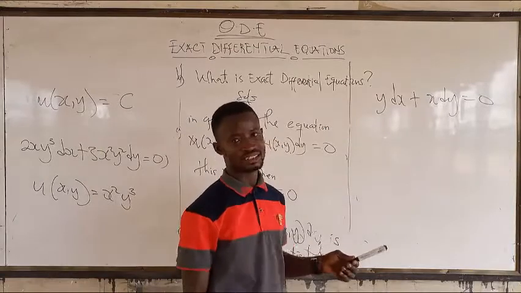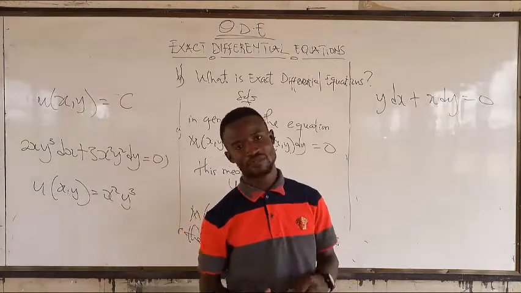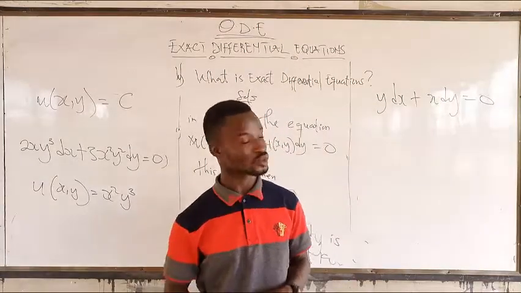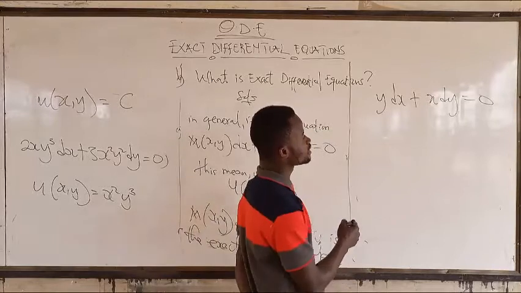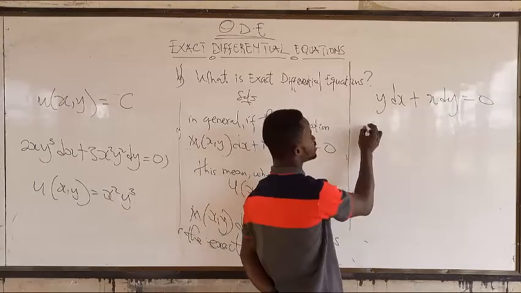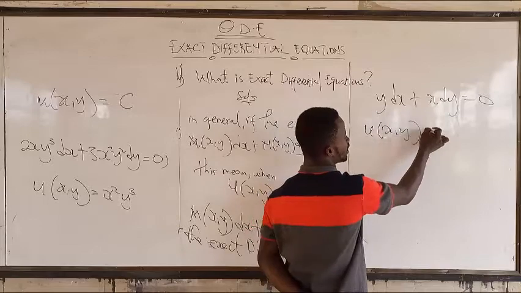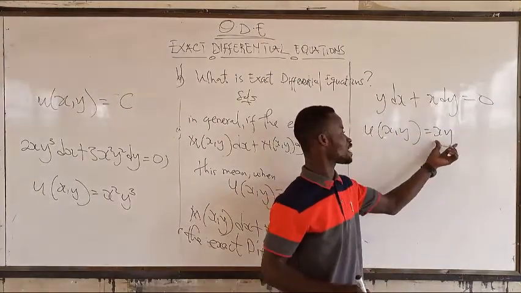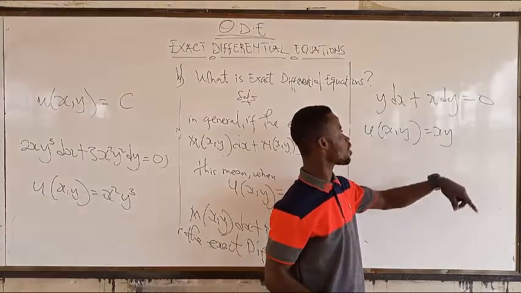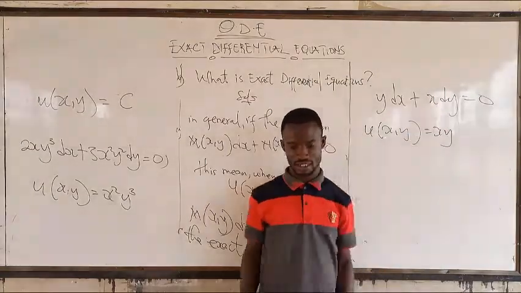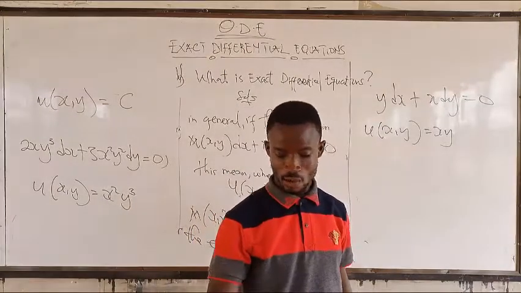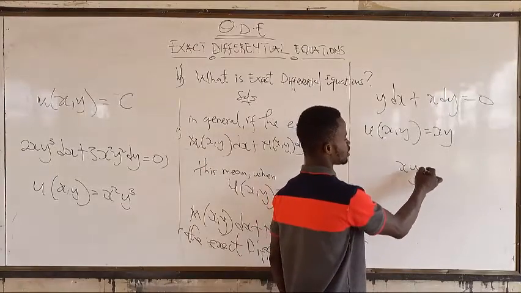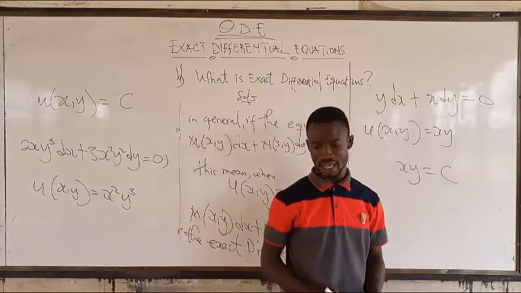The left hand side will be the total derivative of u(x, y), which is equal to xy. Because when you differentiate this with respect to x and with respect to y, that is going to give you this. Very good. Then, what is going to be the solution? The solution is going to be when we equate this to be equal to c.